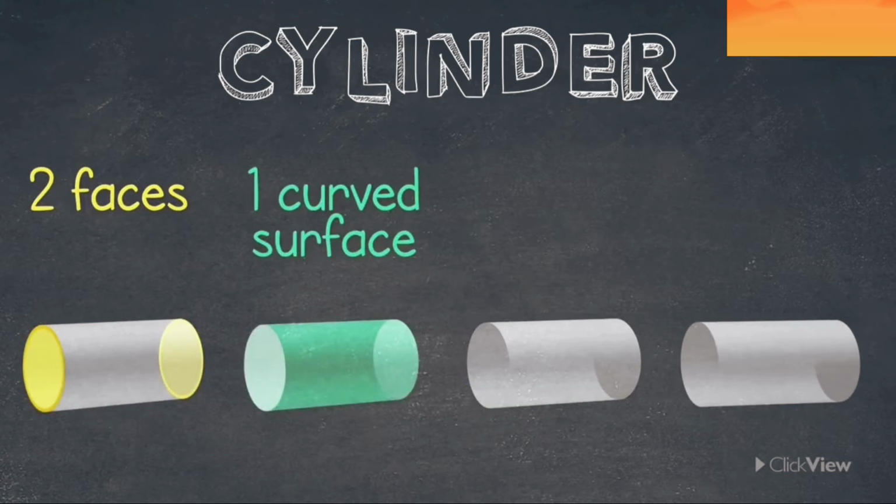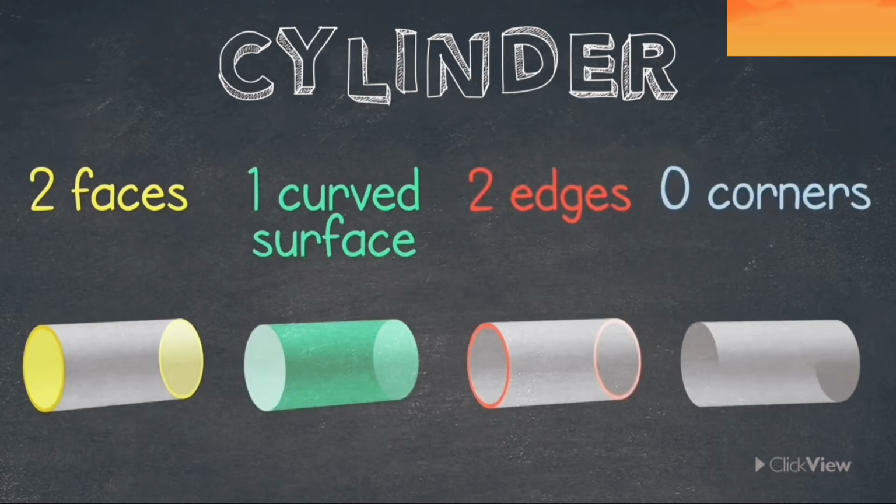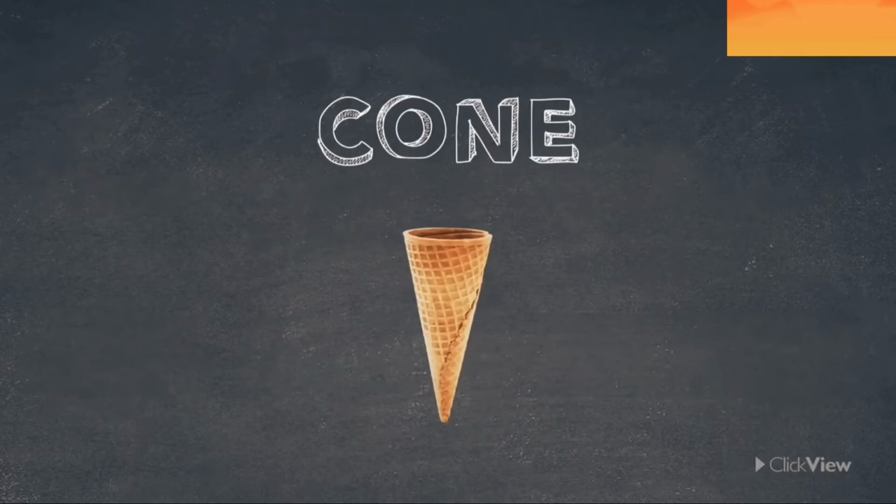The cylinder also has 2 edges, but no corners. Remember, a corner is where 2 or more edges meet. In a cylinder, there are no corners because its 2 edges do not meet. This is a cone.